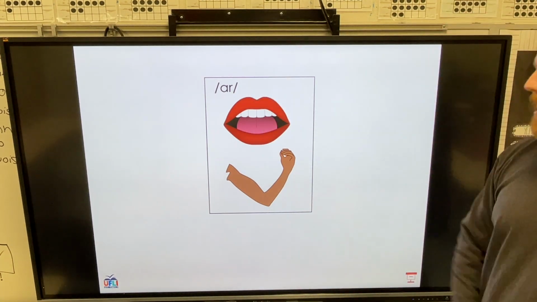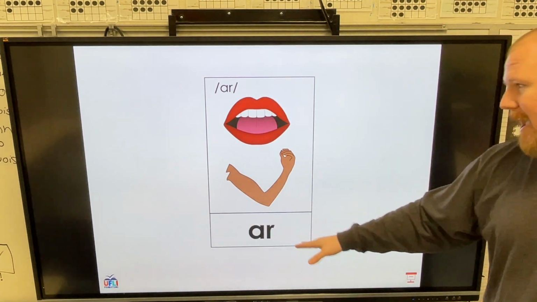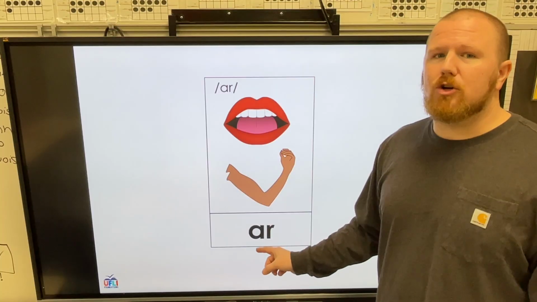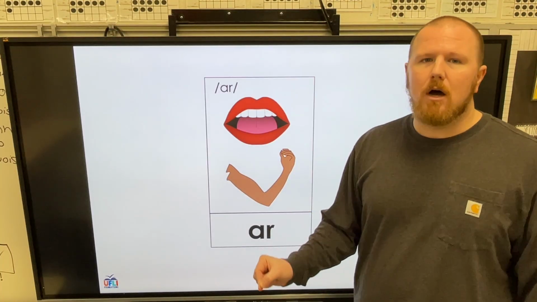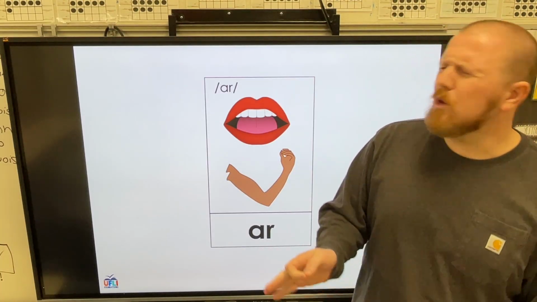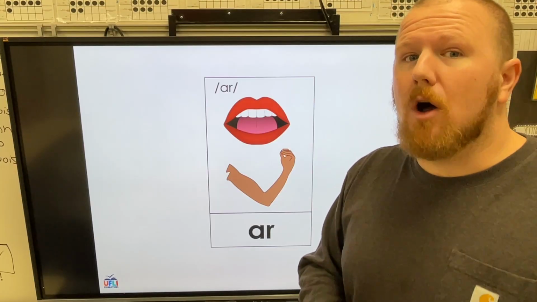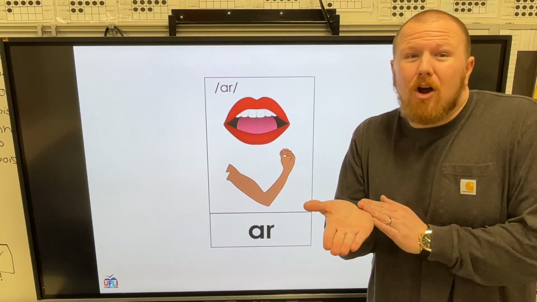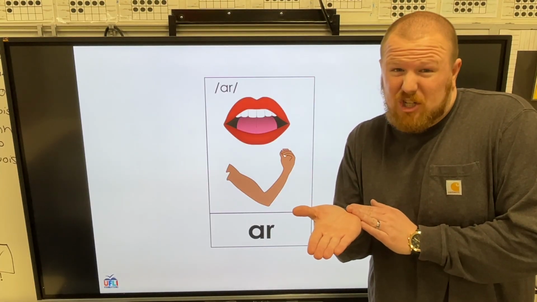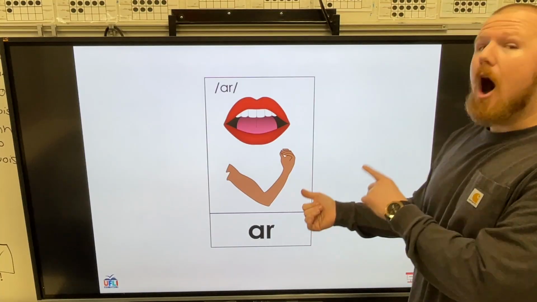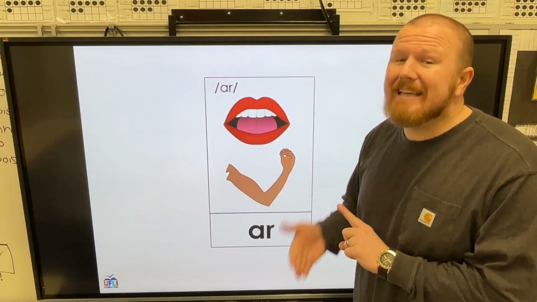So AR, we know, is spelled like AR. And we need to make sure that we're not spelling it with the letter R. The sound R is AR.